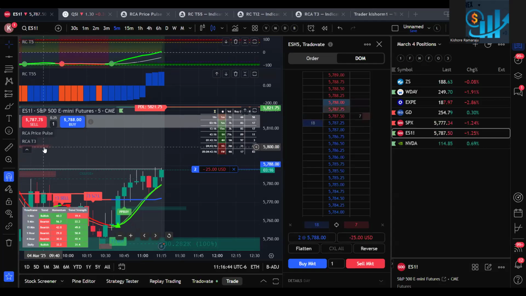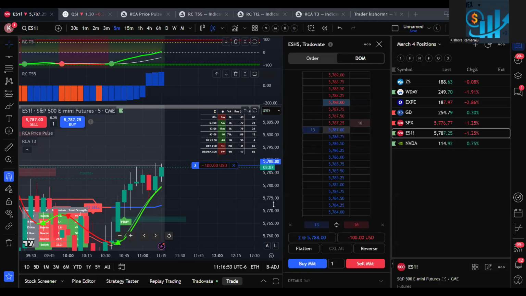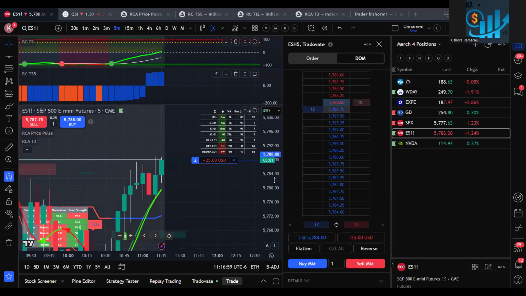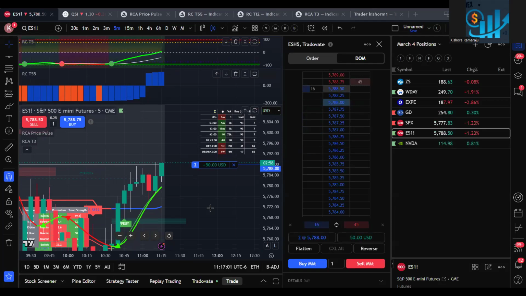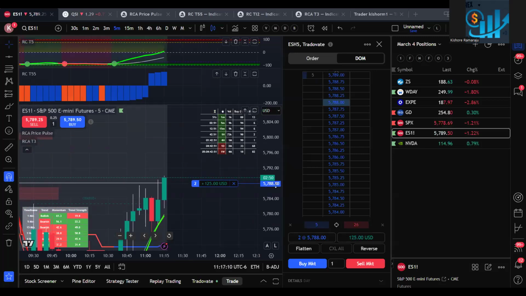Again, we have sellers here, it can go all the way to that point. If this trade is going into 510 accounts, even if you make $100, that is $1,000 profit. That is the advantage with the prop firms.